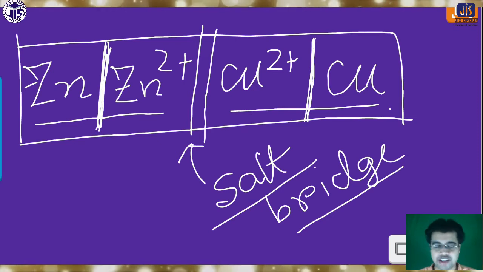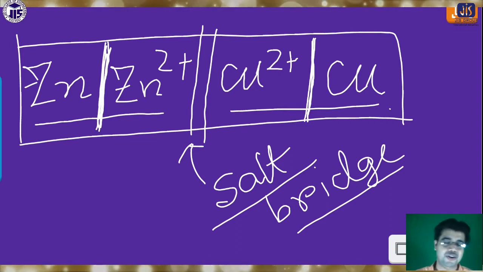Now another question arises, which I mentioned in the previous class: why is zinc oxidized? That means, why does zinc lose electrons and copper gain electrons, and why not the opposite?